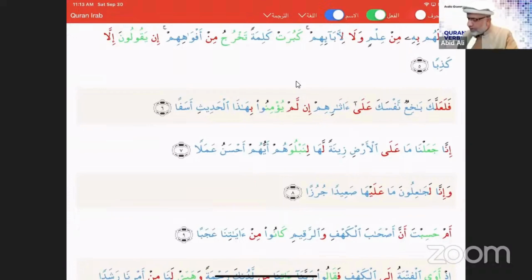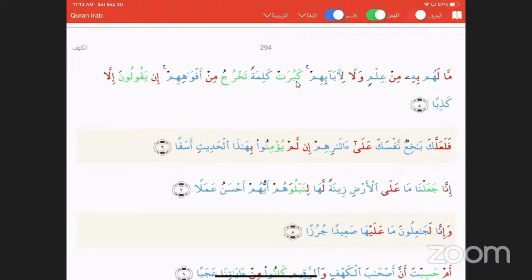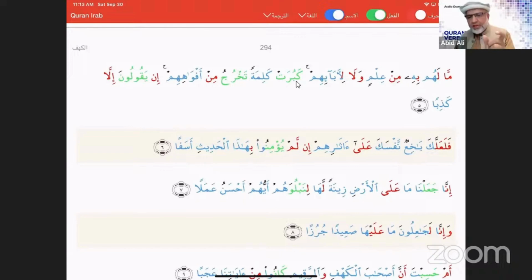Alhamdulillah. Now look at this word, Kaburat. Is it green? It is a fail. Remember Zahabat, Jalasat, Kharajat, Kaburat. What is this? She, feminine.